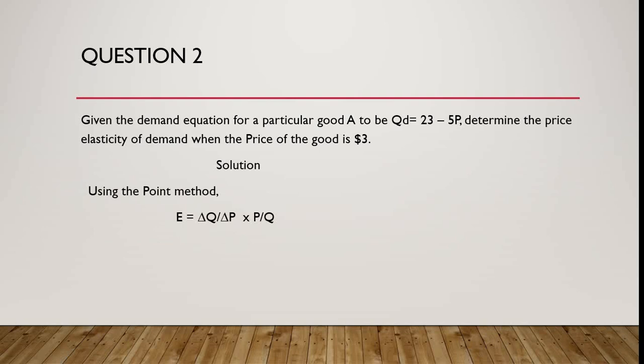So dQ/dP is going to be negative 5, because when you differentiate 23, you get 0. It's a constant. And the differential of negative 5p is negative 5. So this is how the elasticity formula looks. The differential is the same as how the change in price affects the change in quantity. So change in quantity divided by change in price is going to be negative 5.